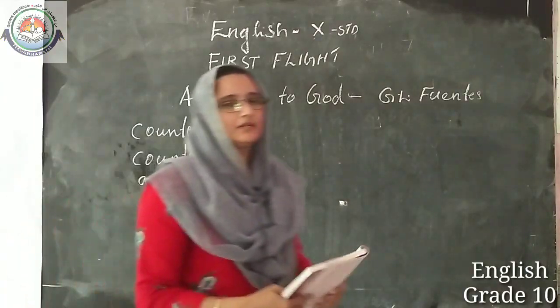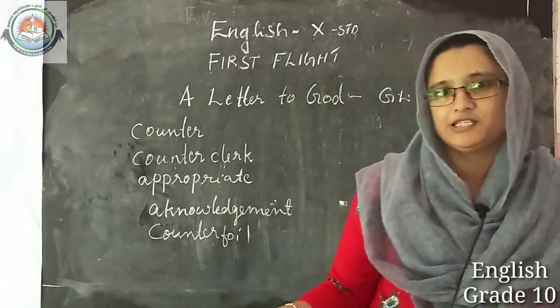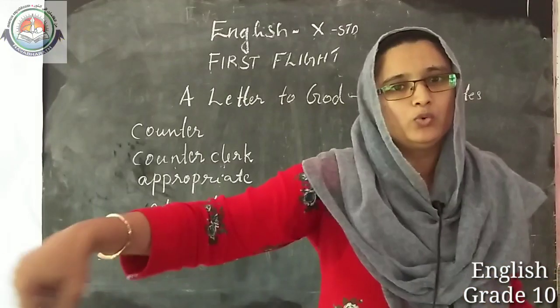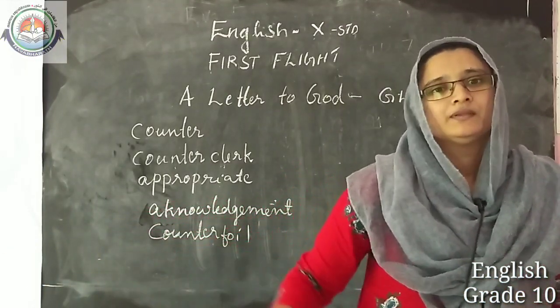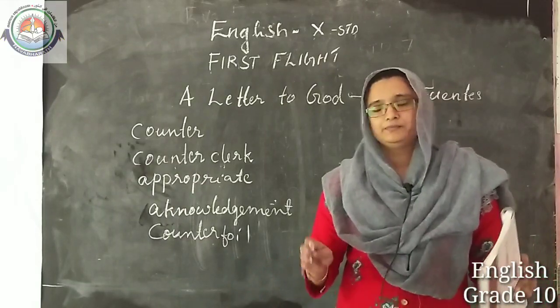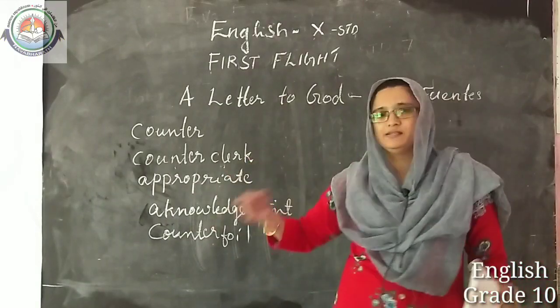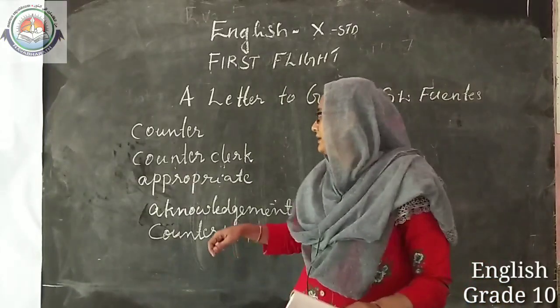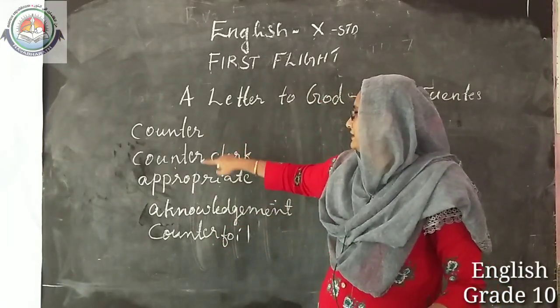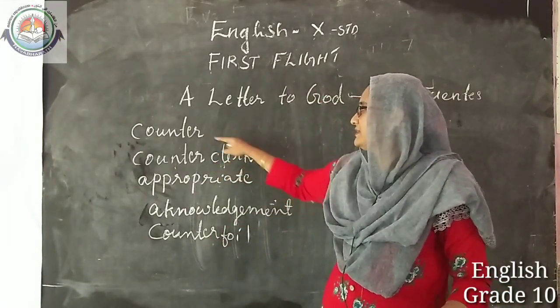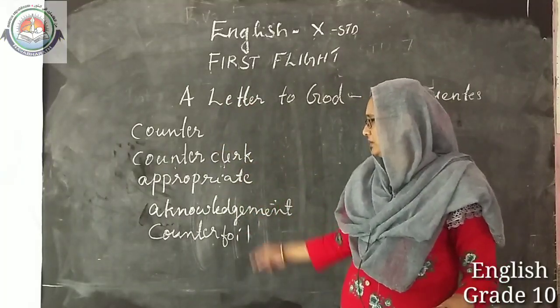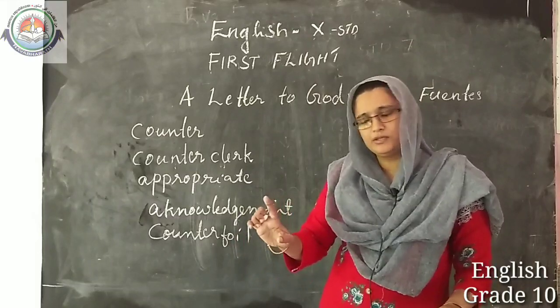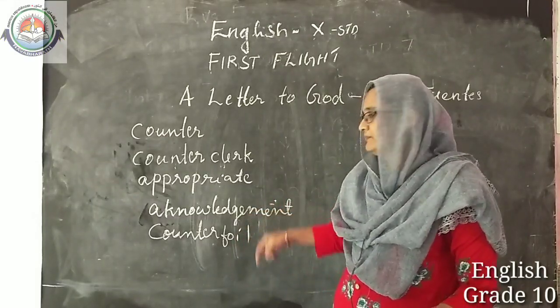Listen, counter. Everyone knows what is a counter. In every office we can see the counters. It's partially covered. Yes or no? A place which is partially covered and a clerk or someone is sitting there. That is counter, and the counter clerk is the clerk who is sitting inside the counter. Next one, appropriate. Appropriate means suitable. Then acknowledgement.